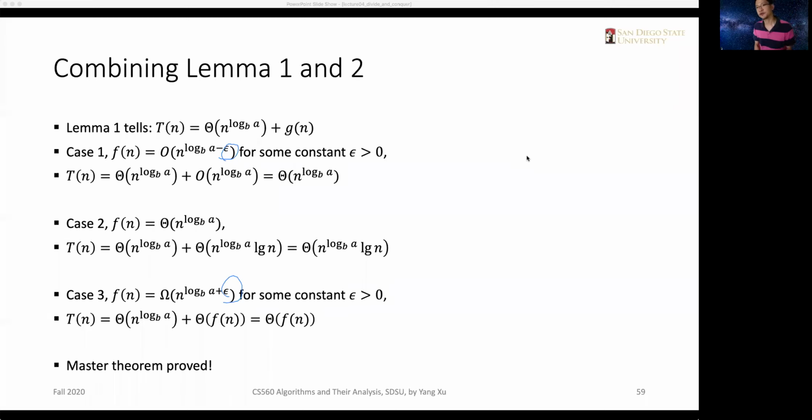So given a form that satisfies a times T of n over b, you can quickly use the master theorem to get a solution. And it is not required to know how exactly the theorem is proved, but the main idea is that it is the recursion tree method that we actually relied on to come up with the solution.